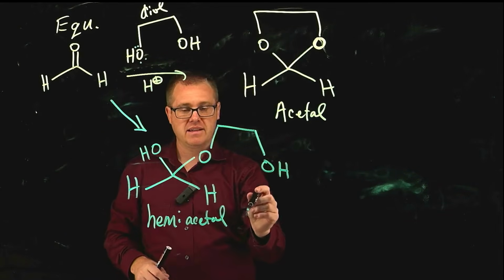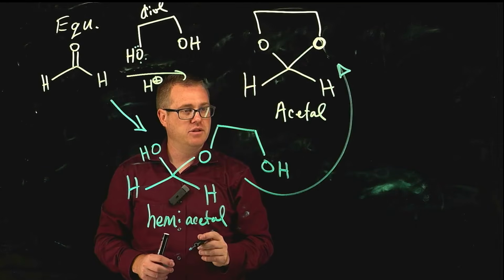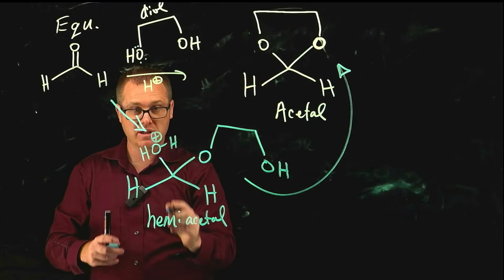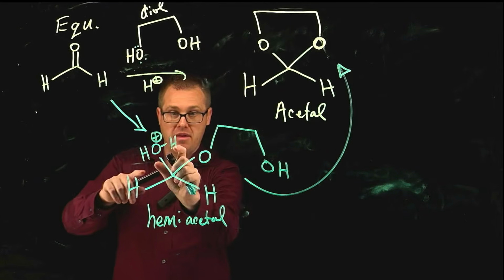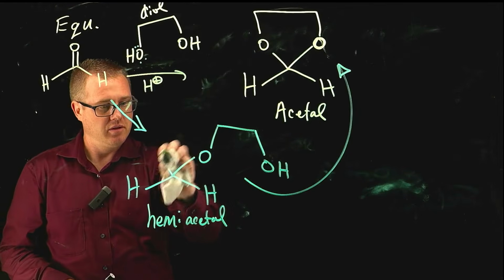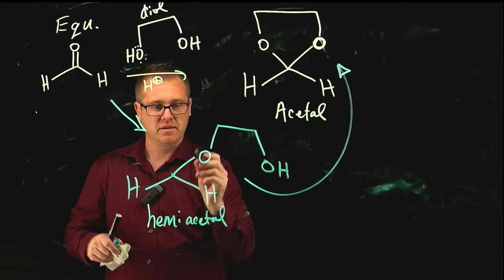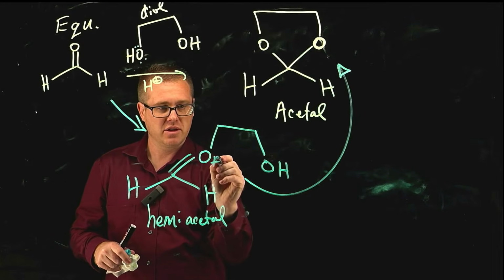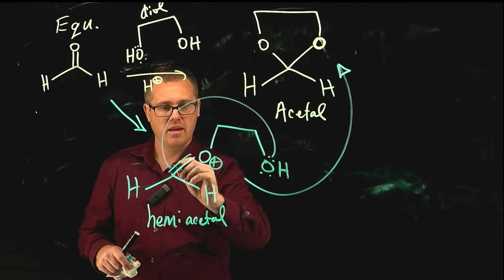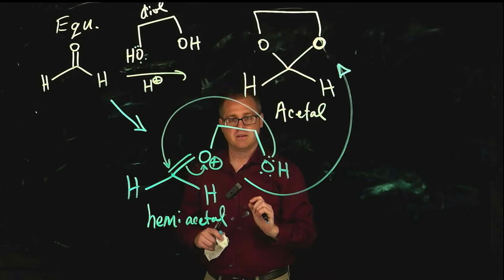And then that hemiacetal converts into this. And how would that happen? Skipping some steps here, we're going to have a proton transfer step. That water leaves, and that's going to be positively charged at the moment. And then this guy comes in and forms that.